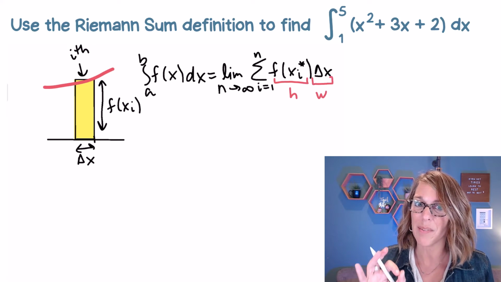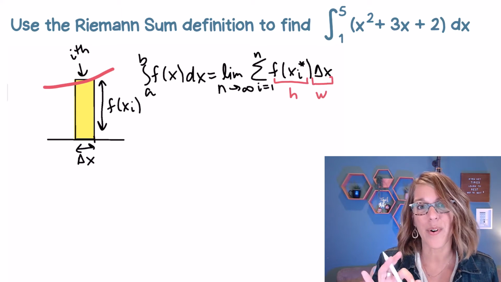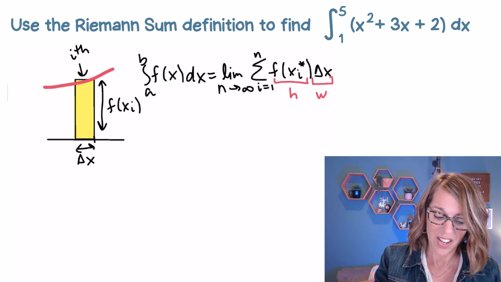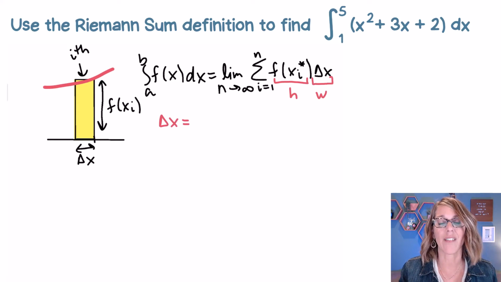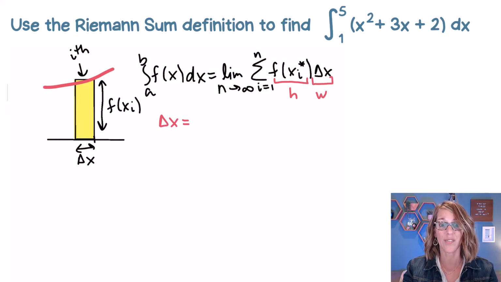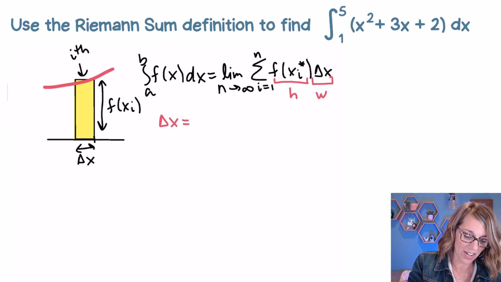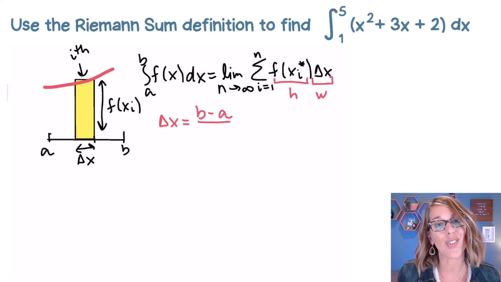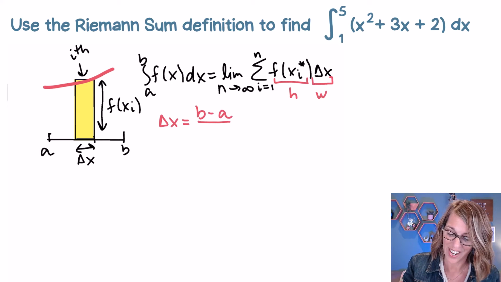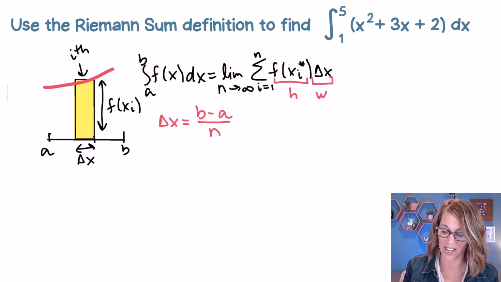Let's go ahead and put some of these into a little more specific language. So specifically, let's do a formula for delta x. To get delta x, I've got to take my entire interval width, and this entire interval is going to run from a to b. So that's going to be b minus a, that's the interval width, and I'm going to divide that up into n rectangles.